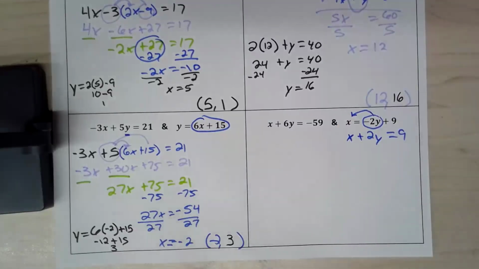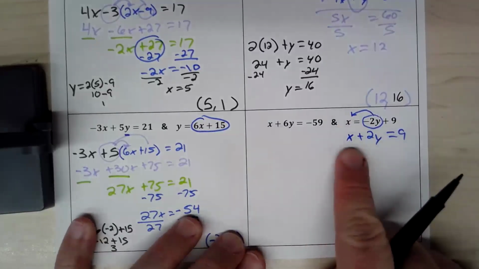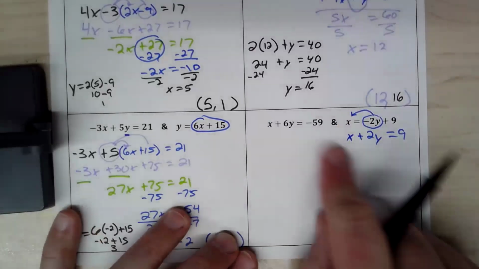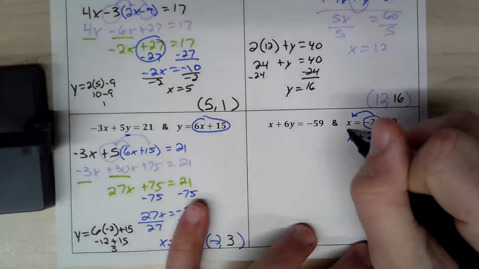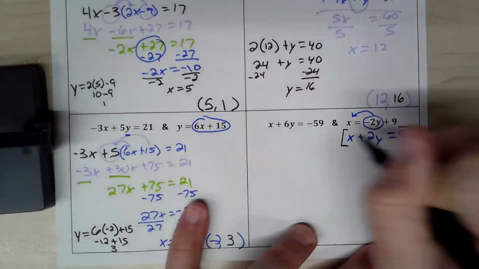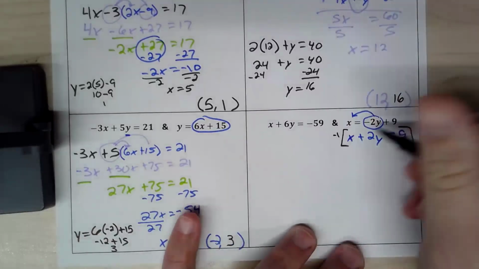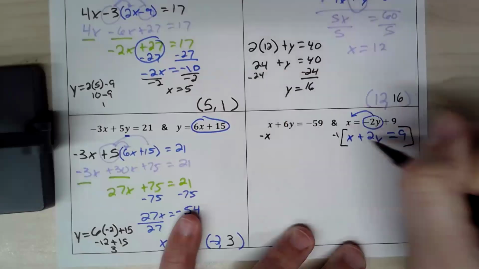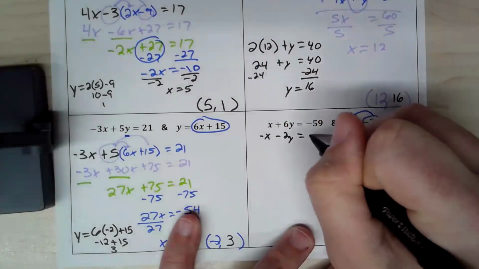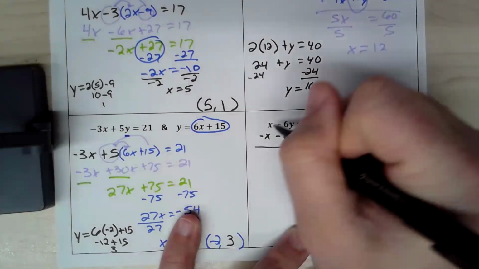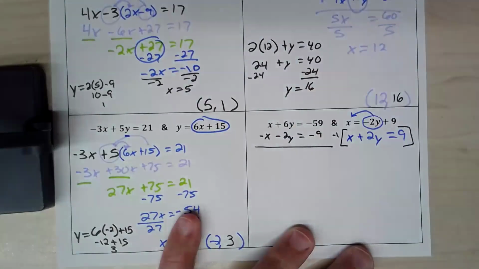I can eliminate either one, but if this is x and this is x, well, they're already the same number. I just got to make one of them negative. And I'm going to multiply this whole equation by negative 1, because then it's negative x minus 2y equals negative 9. Because now my x is eliminated.